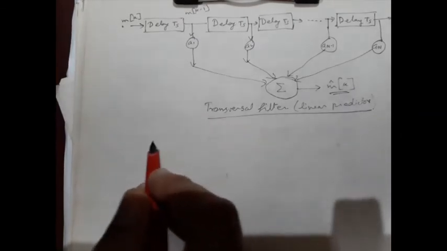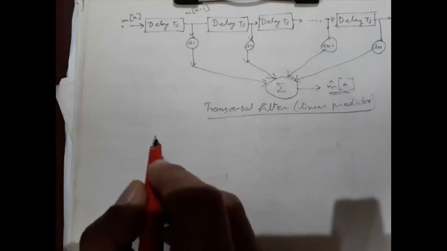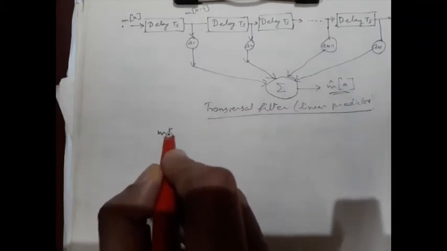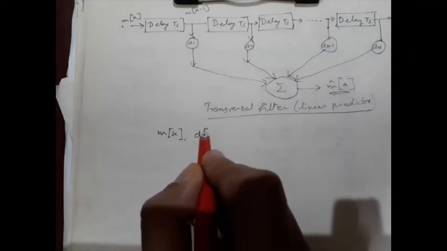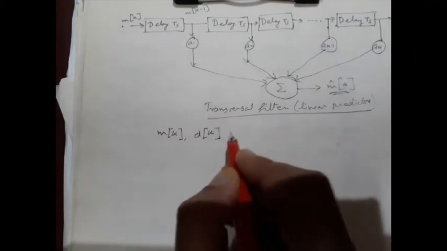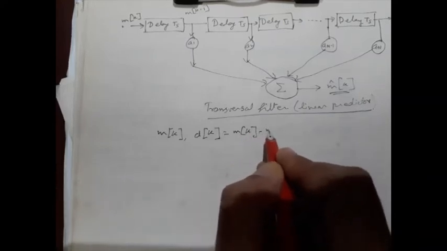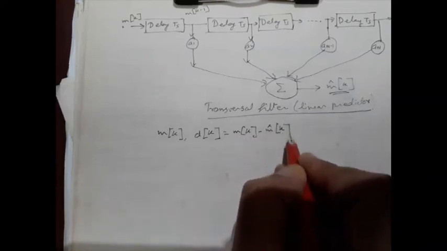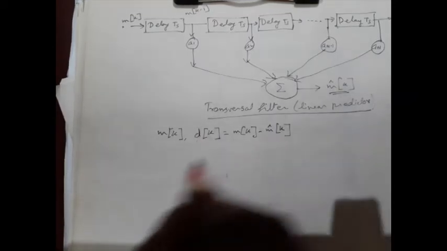Now the analysis of DPCM. Here we transmit not the present sample m[k], we are not going to transmit it, but we are actually transmitting this d, which is equal to m[k] minus m cap k. This was the objective, and this is what we have to do.